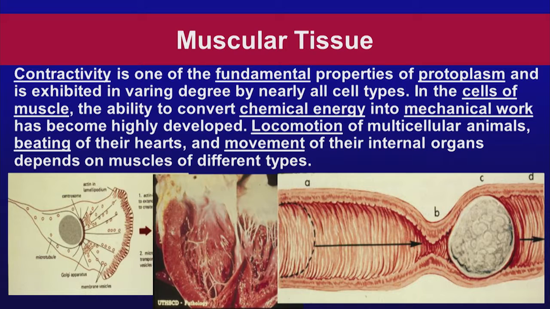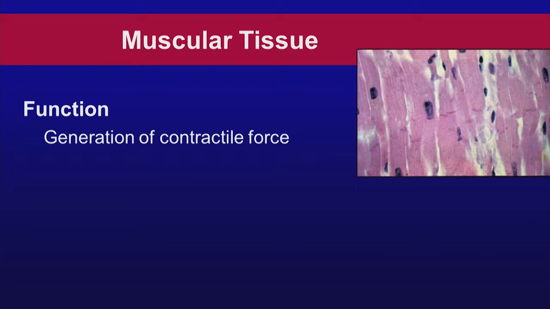We've got smooth muscle that we see on the right, cardiac muscle in the middle, and skeletal muscle, of course, is what we use to move ourselves with. So muscle tissue, the function is to generate contractile force. It contracts, and when it does, it squeezes things. If it's a heart, it squeezes blood out.